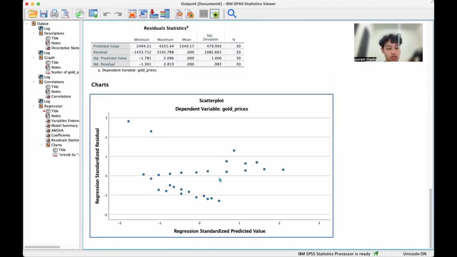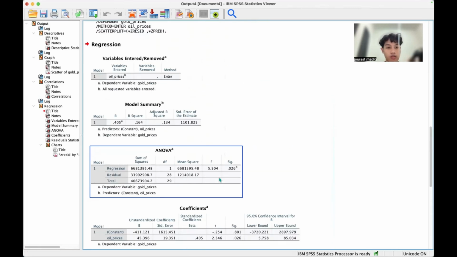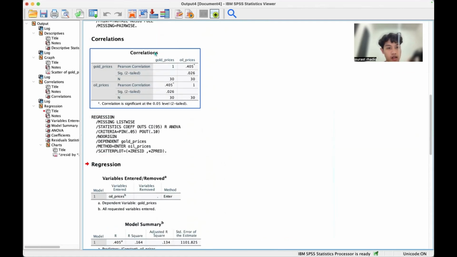And that's all. So for the conclusion, I will conclude that they have a moderate, positive, and also statistically significant relationship between the oil prices and gold prices. We can see here, for example, the Pearson correlation is 0.4, meaning moderately positive.